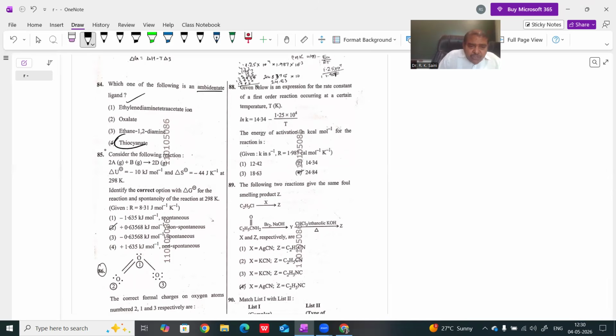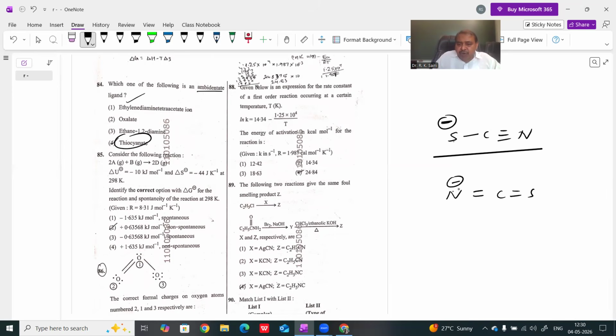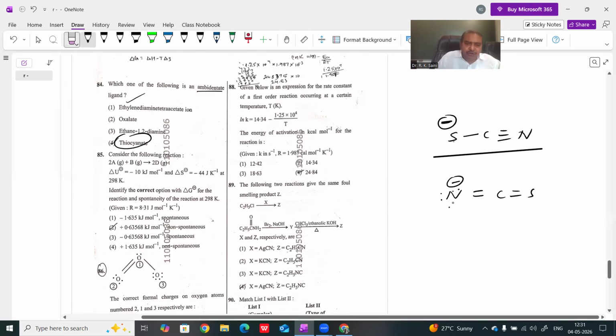In the case of thiocyanate, SCN, this ligand shows ambidentate behavior. When the negative charge is present at the sulfur, then sulfur is the donor site. When nitrogen carries the negative charge, then the donor atom is nitrogen. Therefore it is an ambidentate ligand.